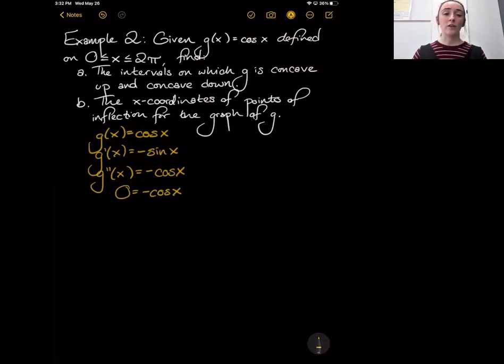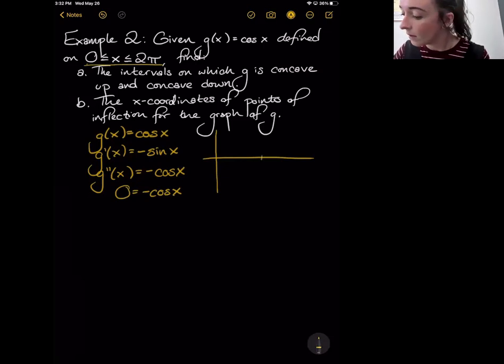With a trigonometric function like this, often I find it really helpful to just draw a sketch of the graph. So what does the graph of negative cosine look like on the interval from 0 to 2 pi? So I'm just going to draw a quick sketch.